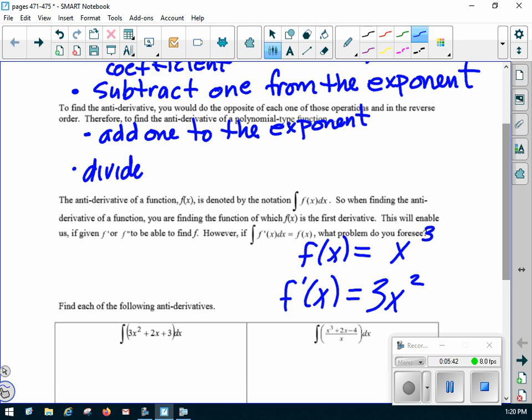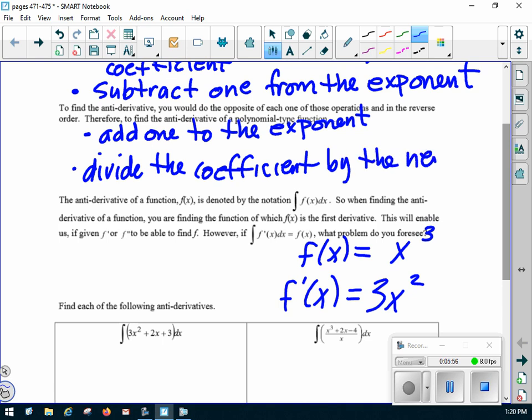What if it was like... That's supposed to say coefficient. So we're only going to do this for polynomials? No, but that's how we're going to start.